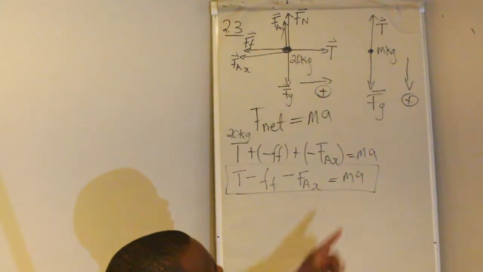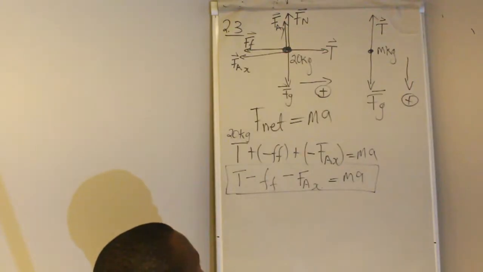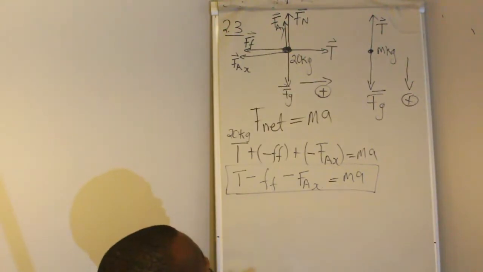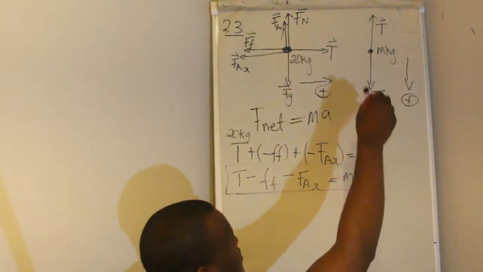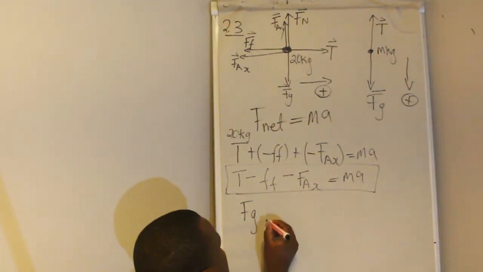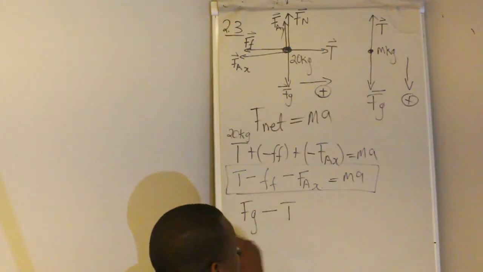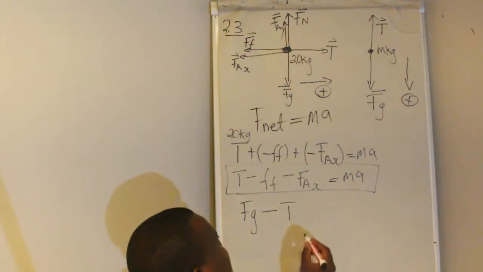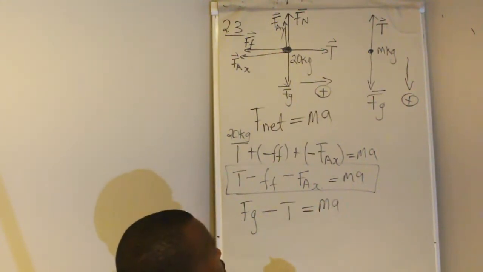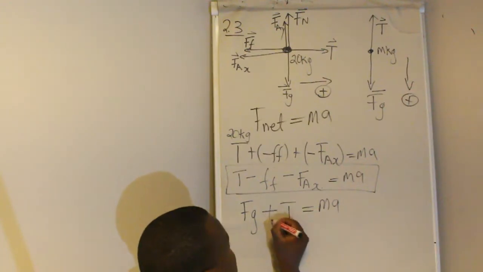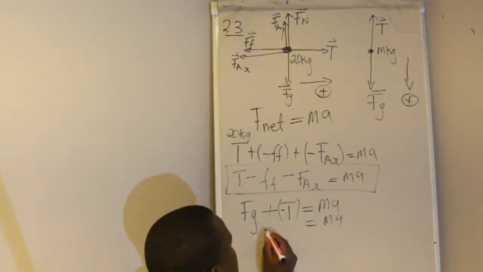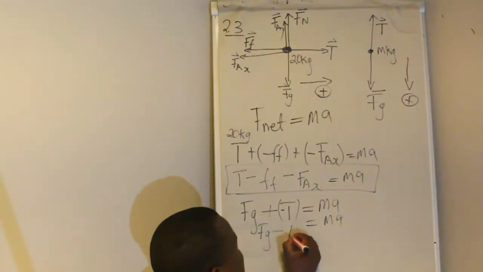Same thing for the m kg block. F net is equal to MA. You sum your forces, and this one will be positive because the system is going down, which means FG minus tension is equal to MA.